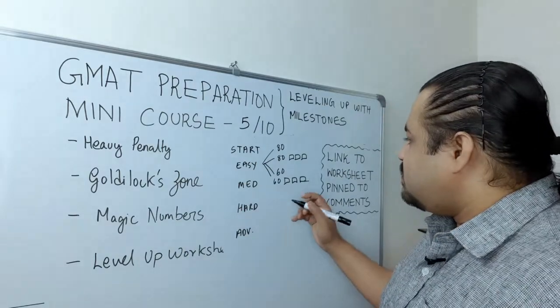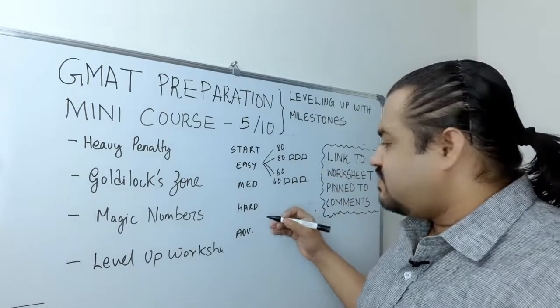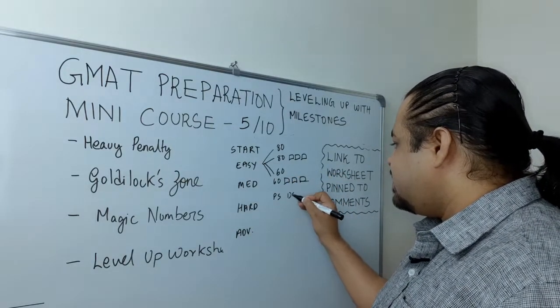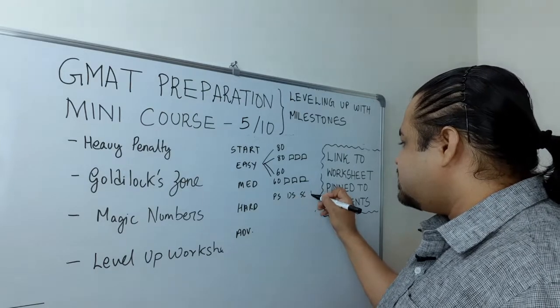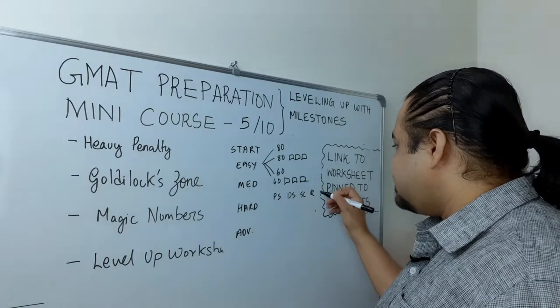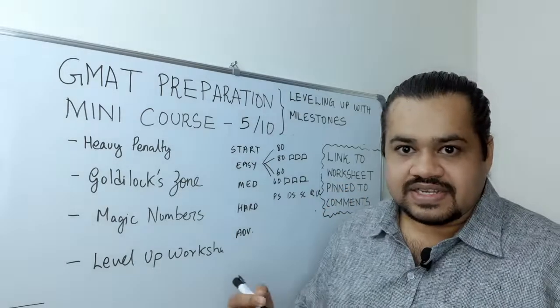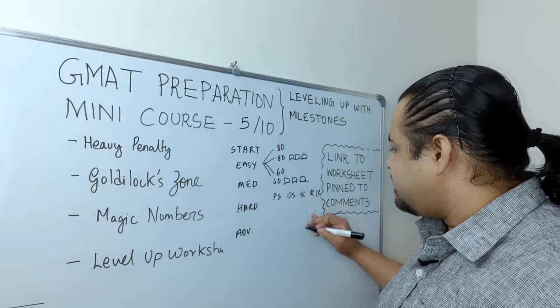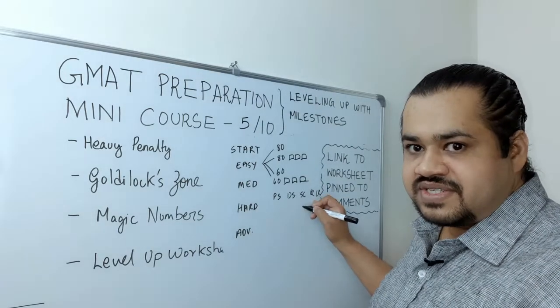And if you're working with a certain level of detail, let's say problem solving, data sufficiency, sentence correction, reading comprehension, and critical reasoning, you don't have to go all the way to advanced in these areas.